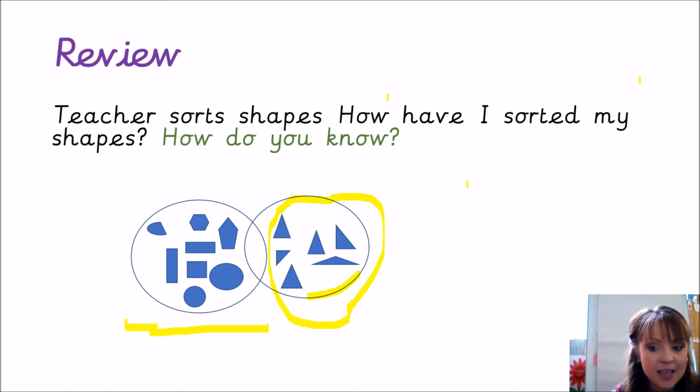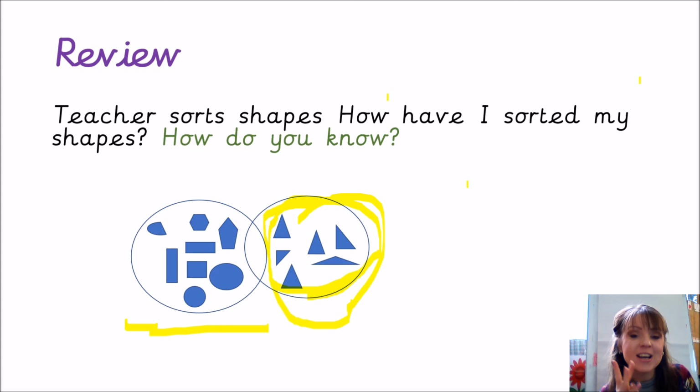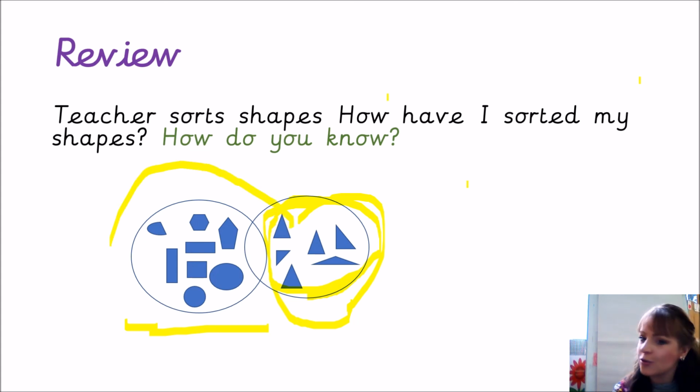You might have said that all of the shapes on this side, you have to excuse me drawing on this, it's hard to do it with the pad, all the shapes on that side, they all have 3 sides, whereas all of the shapes on this side do not have 3 sides.